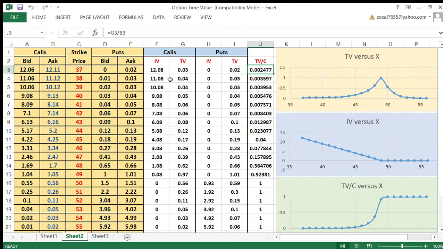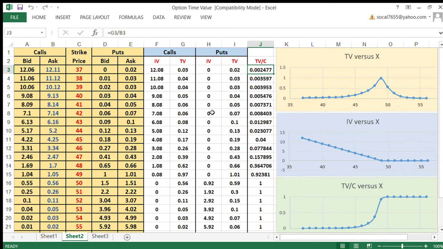That's kind of silly, but here if the stock price goes up $1, then you'd expect intrinsic value to rise by about $1. And so the concept of delta is embedded in this. And sometimes it's interesting to see how time value changes as strike price increases.